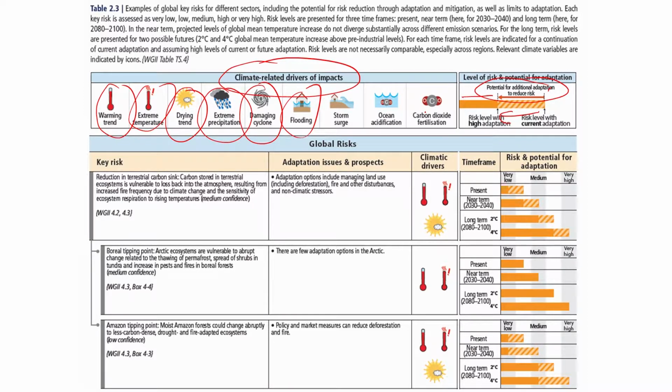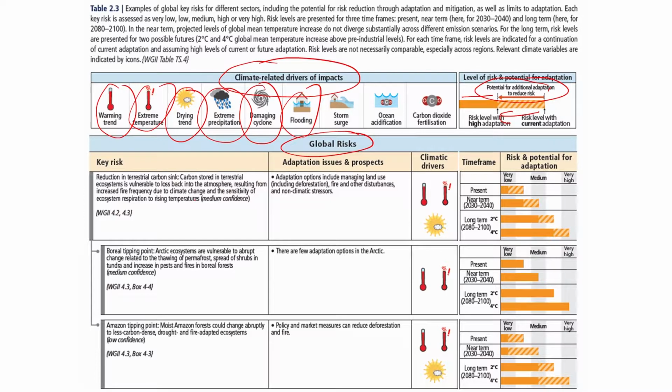So what are the key risks? These are what are called global risks. So there are things like reduction in terrestrial carbon sink with warming. The soil moisture is reduced and the soil actually begins to respire carbon dioxide faster in a warmer temperature. This data already exists and it can also be reproduced in a lab with experiments warming the soil and so on.